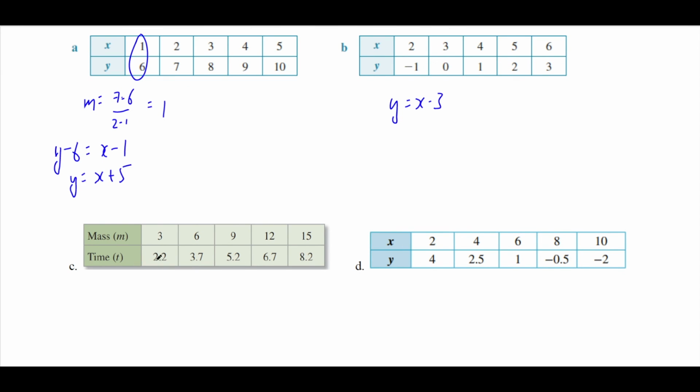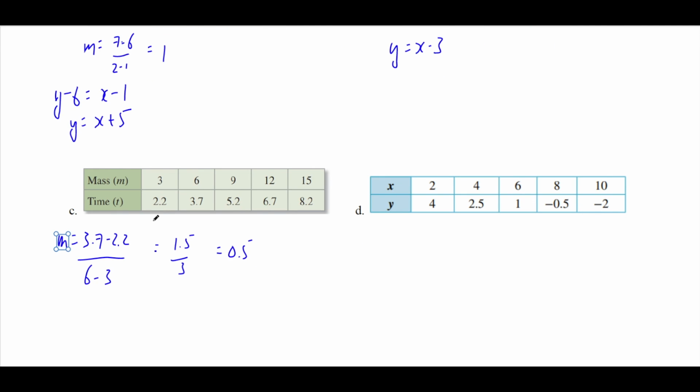Alright, so for this question now, try to come up with a quick way first. See if you can just find a pattern between these two numbers. So I guess for these ones, the difference is not constant. So then I guess you have to use the slow method, find the gradient. Gradient equals to 3.7 take away 2.2 over 6 take away 3, which gives you 1.5 over 3, which is 0.5, right?